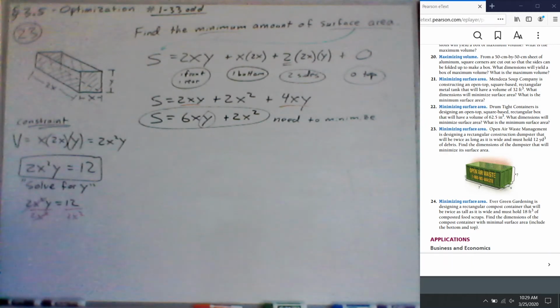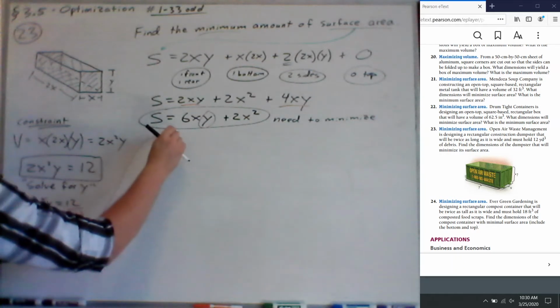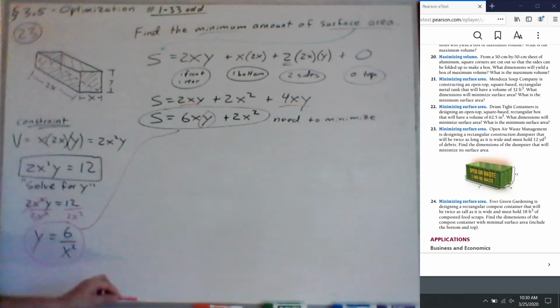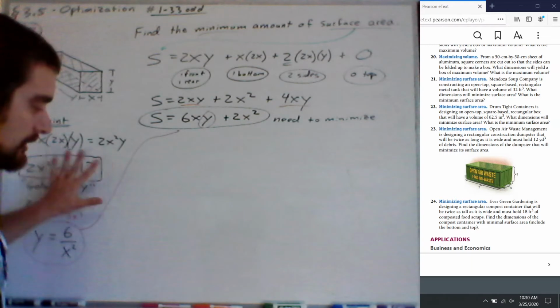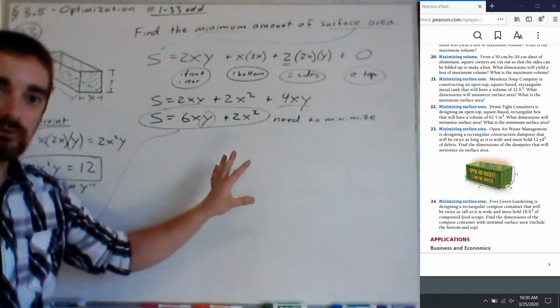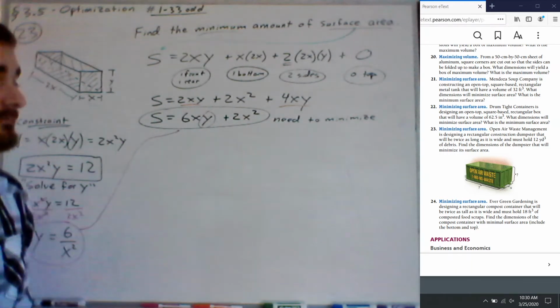So it's very clear that x is a non-zero number. So y is going to be 6 over x squared. I have now found y. I can now plug that y into my surface area function. I'm done with the constraint. I can now work with my surface area, find this minimum surface area.